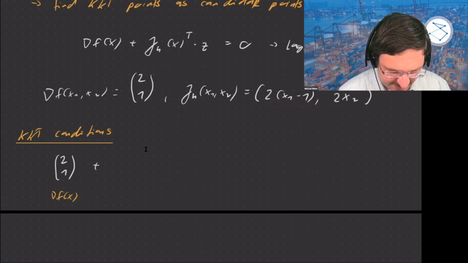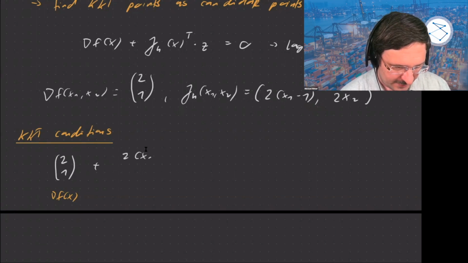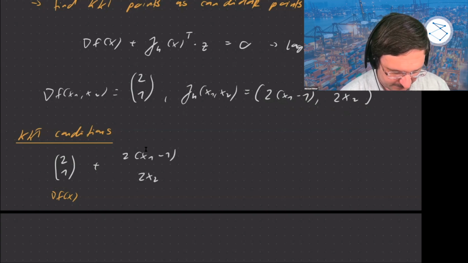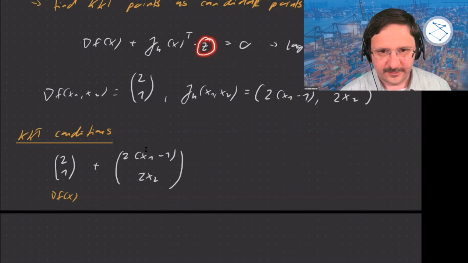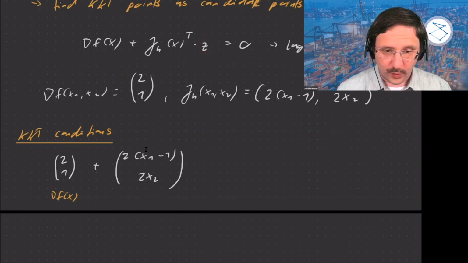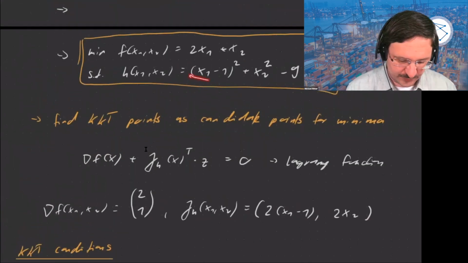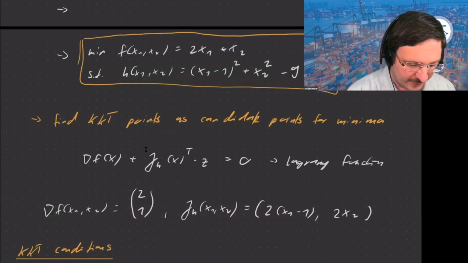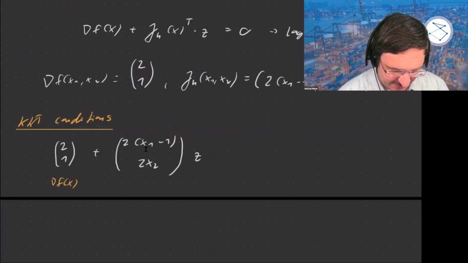We transpose that. So we get (2 x1 minus 1, 2x2). And then we have this multiplier here. And there's 1 multiplier per constraint. And in this case, we only have 1 constraint, so it's 1 real valued multiplier. So we only get 1 multiplier, that's our c.